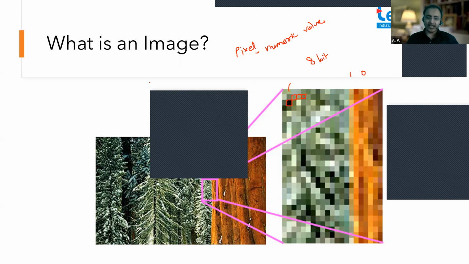That means a pixel can look like this: 0, 0, 0, 0, 0, 0, 0, 0. This is one value of a pixel, and it is the lowest value of a pixel. The highest value, if it is a grayscale pixel, could be 1111 1111. So this is how a pixel looks. In the case of a grayscale image, a pixel will be composed of a single value.